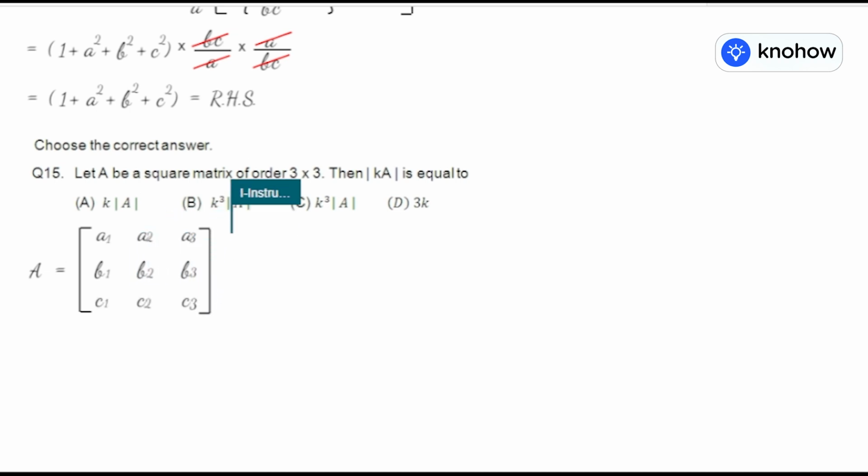When you multiply a matrix with a scalar, a non-zero real number k, in scalar multiplication of a matrix, you have to multiply each element by k. So you will get in turn ka1, ka2, ka3, kb1, kb2, kb3, kc1, kc2, kc3.